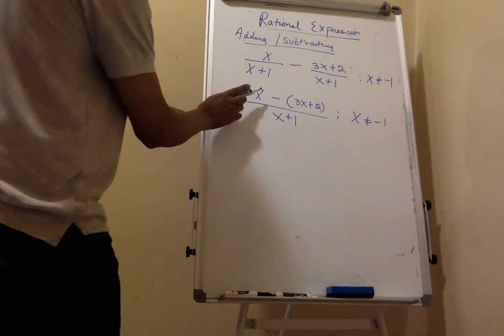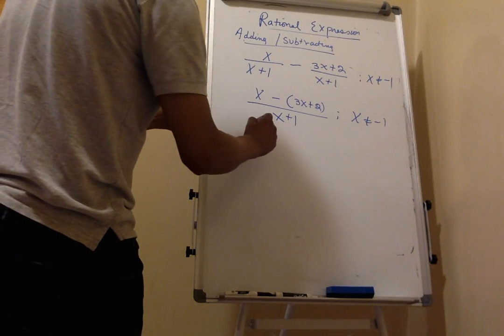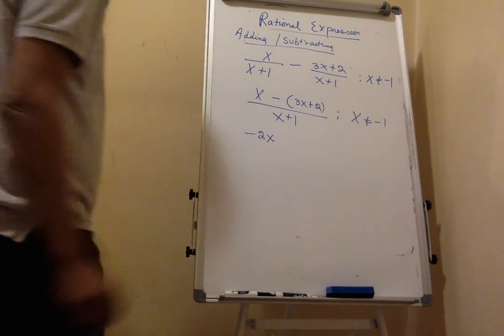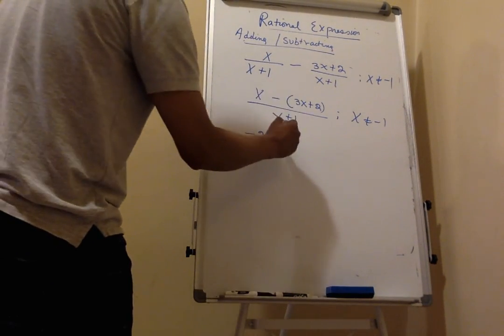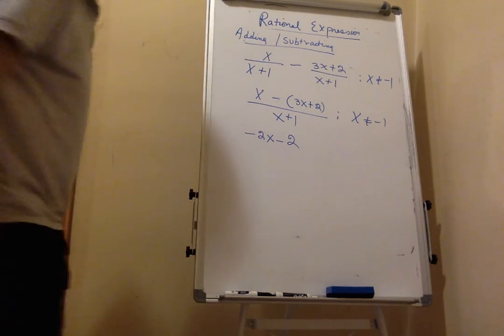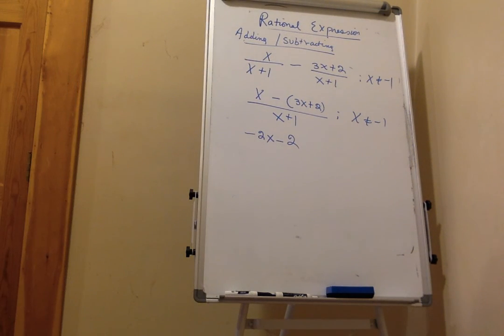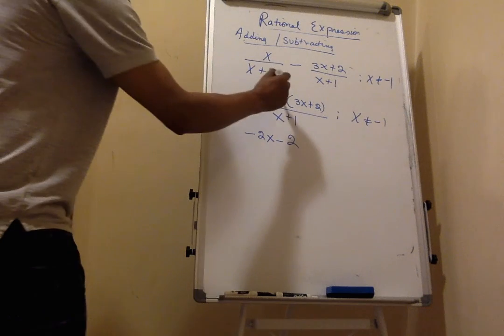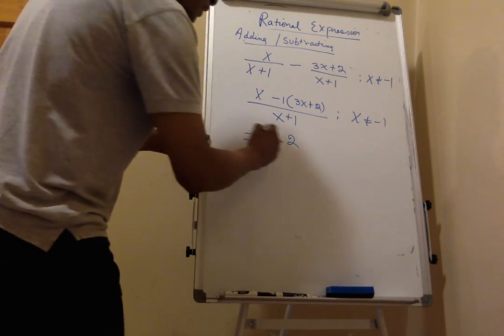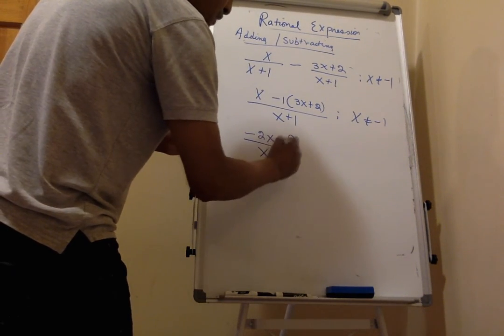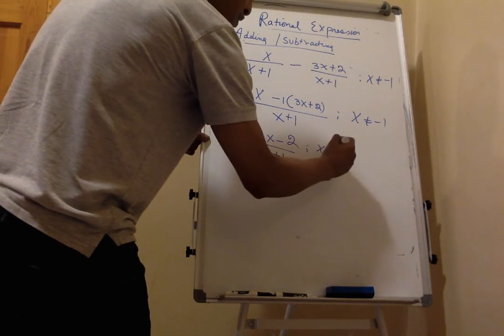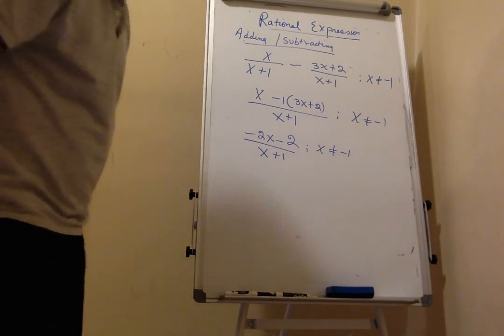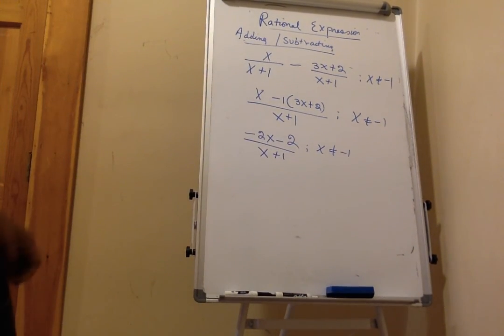So you go ahead, x minus 3x is minus 2x. Minus times plus is minus. So it becomes minus 2, minus 2x minus 2, because there is a negative 1 always in here. Over x plus 1, in which x cannot equal negative 1. Okay.